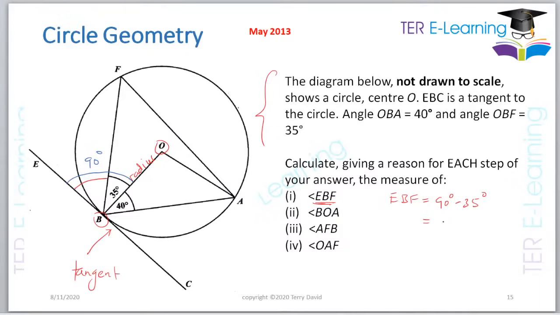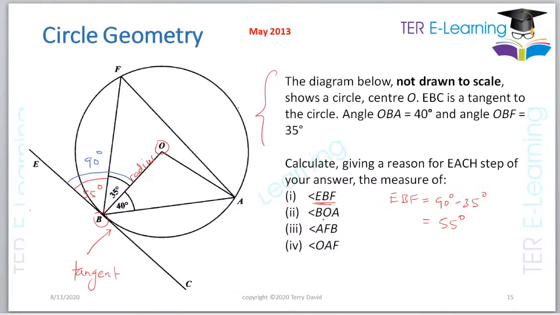You're going to get 55 degrees, right? So EBF is 55 degrees, right? So this here is 55 degrees, right? Seeing Chad, Josiah, okay, so most of y'all got 55 degrees. Let's see what the next part is.